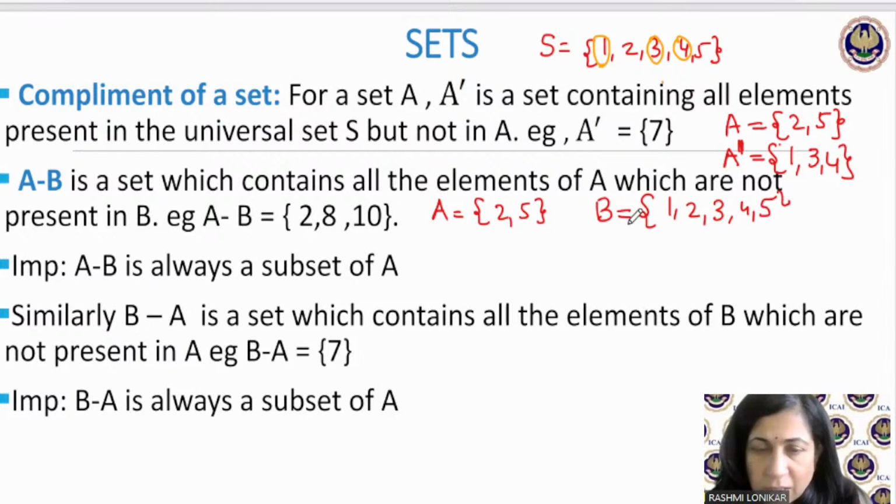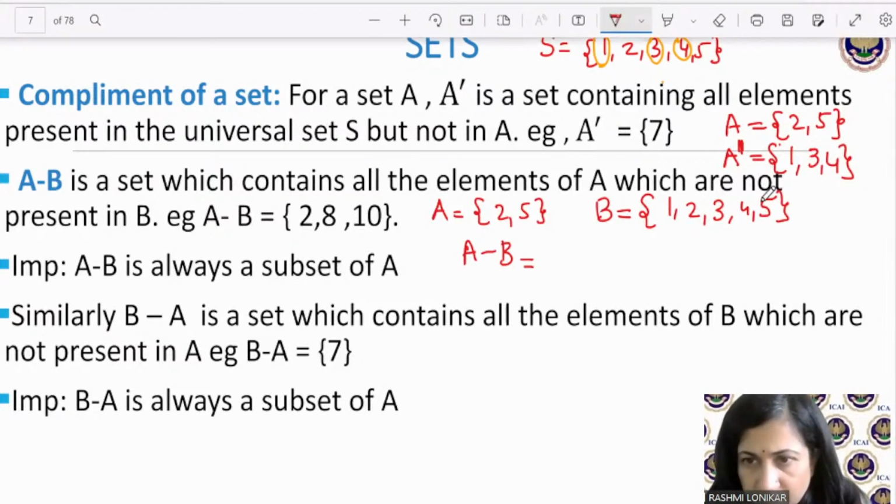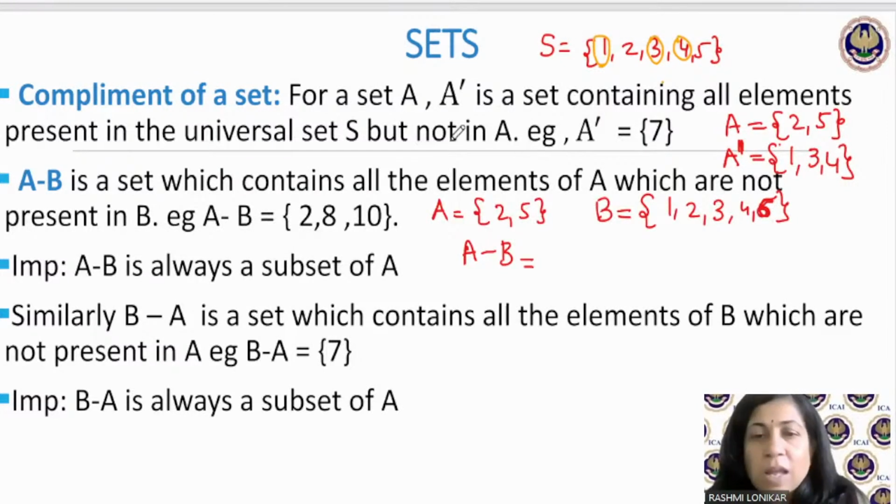Then in this case, A minus B is how much? Is 2 present in B? Yes. Is 5 present in B? No. Then A minus B will be equal to 5.